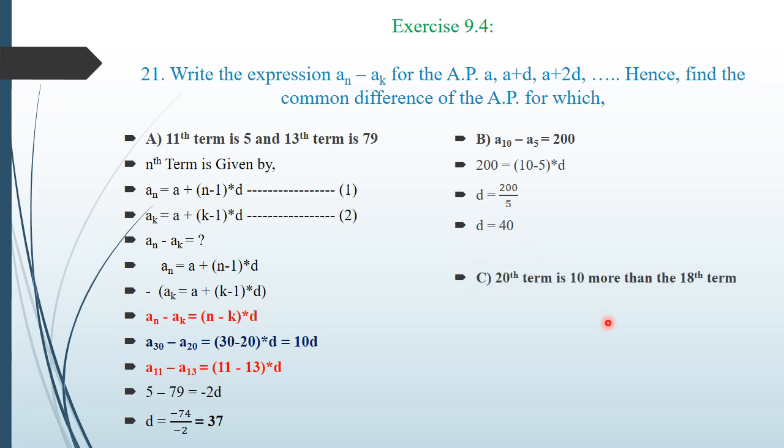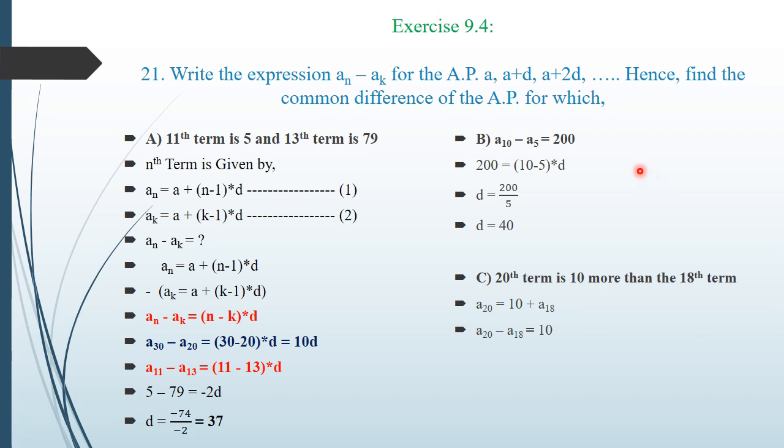Coming to the next sub question, that is question C. 20th term is 10 more than the 18th term. This way I can write it here. Now again bringing this question to this form, how can I do that? 18th term, that is a18, I'll take it on the left side. Therefore a20 minus a18 is equal to 10 here.